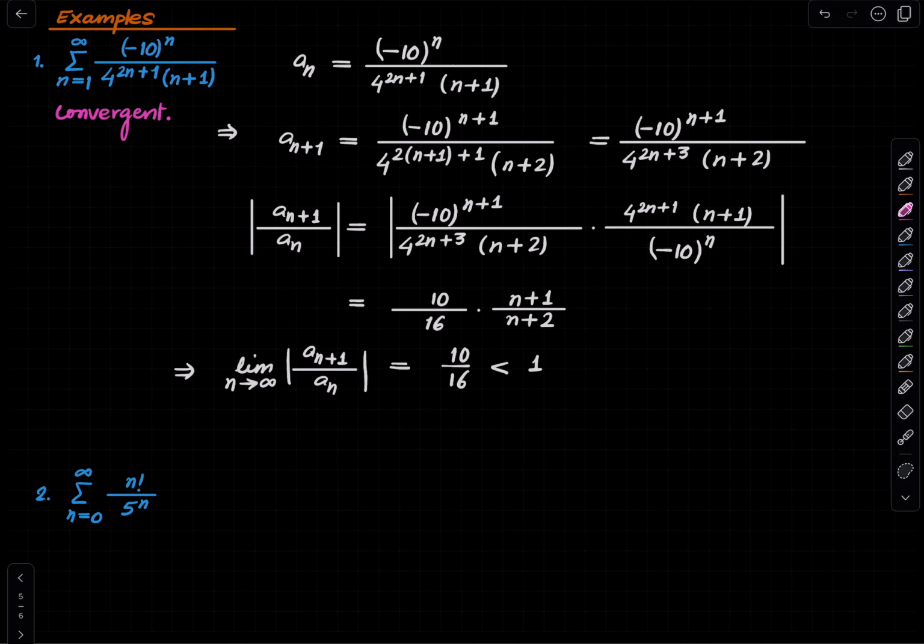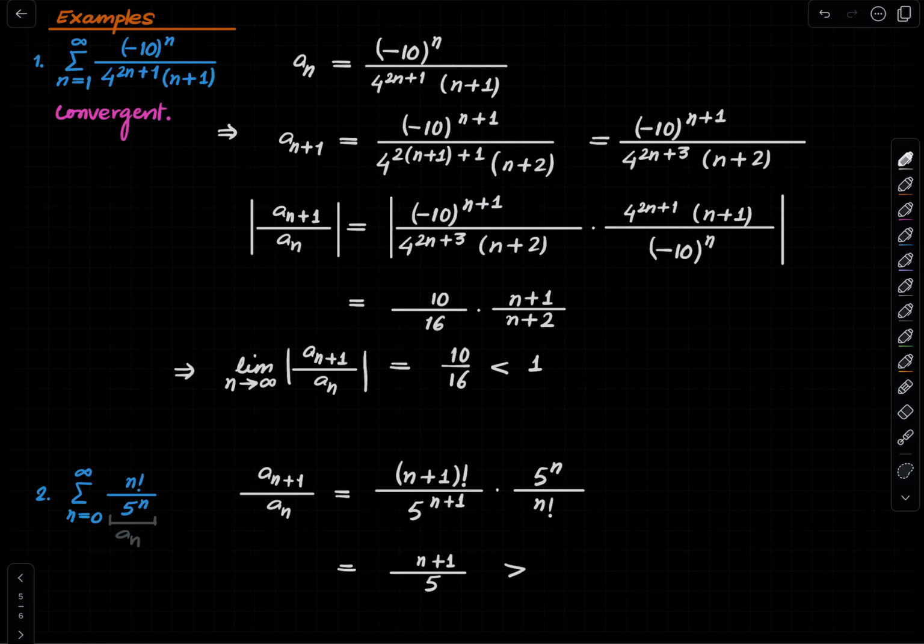Okay, great. What about the next one? This guy. So again, we'll call this a_n. So then a_{n+1} divided by a_n is (n+1) factorial divided by 5 to the n plus 1, times 5 to the n divided by n factorial, which is equal to (n+1) divided by 5, which clearly is greater than or equal to 1 ultimately.